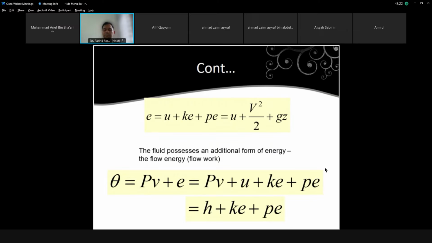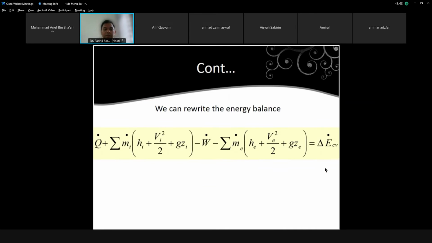H is enthalpy. If you look back at your lecture note, chapter 2 or chapter 3, I forgot. Enthalpy is a combination of internal energy and PV. Okay. So we can rewrite the energy balance as this one.